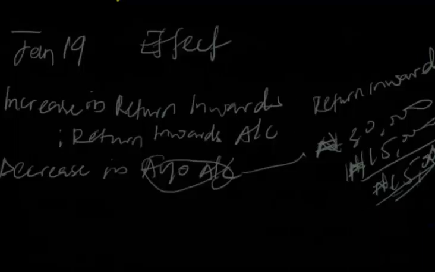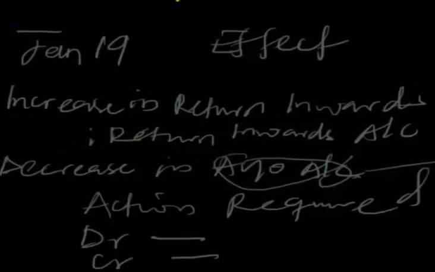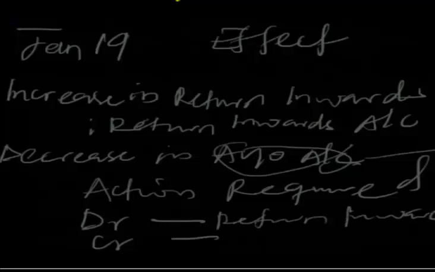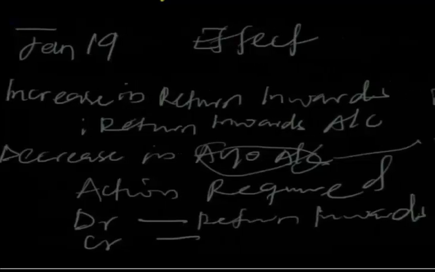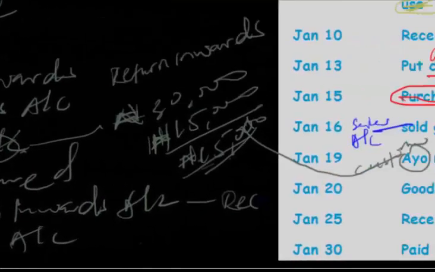So action required, debit, credit. We're going to debit the return inwards account, since return inwards is receiving. We're going to credit Ayo's account. So this is still the receiver and this is the giver.